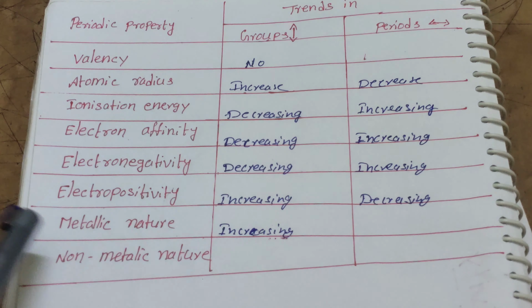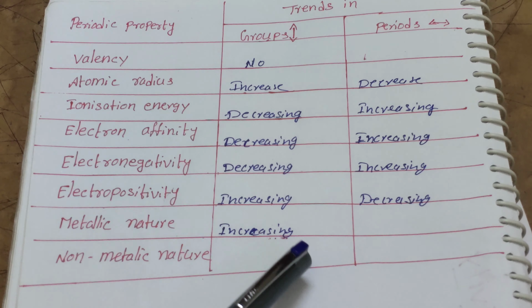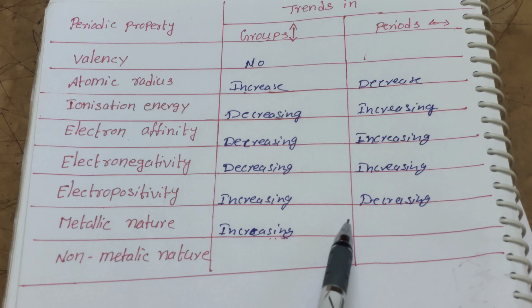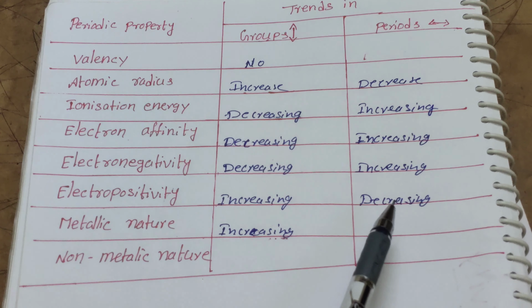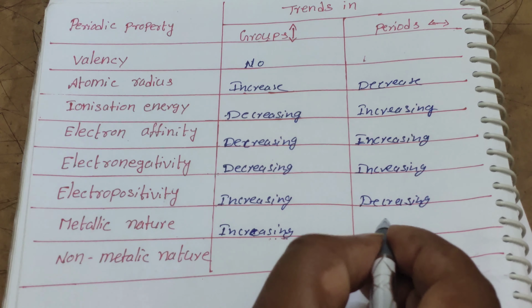Whereas in the periods from left to right, the metallic character decreases. Why? Because going from left to right in the period, the metallic nature gradually decreases, whereas the non-metallic character gradually increases.